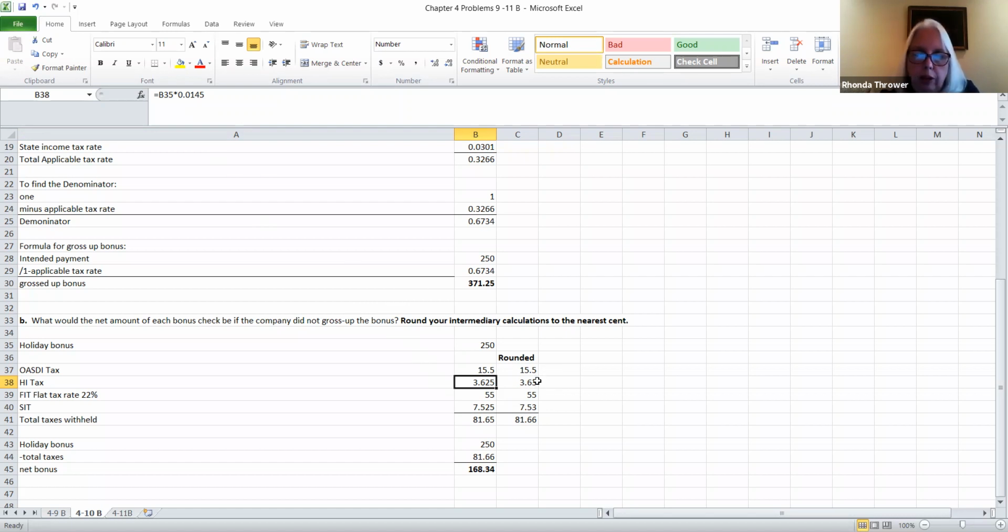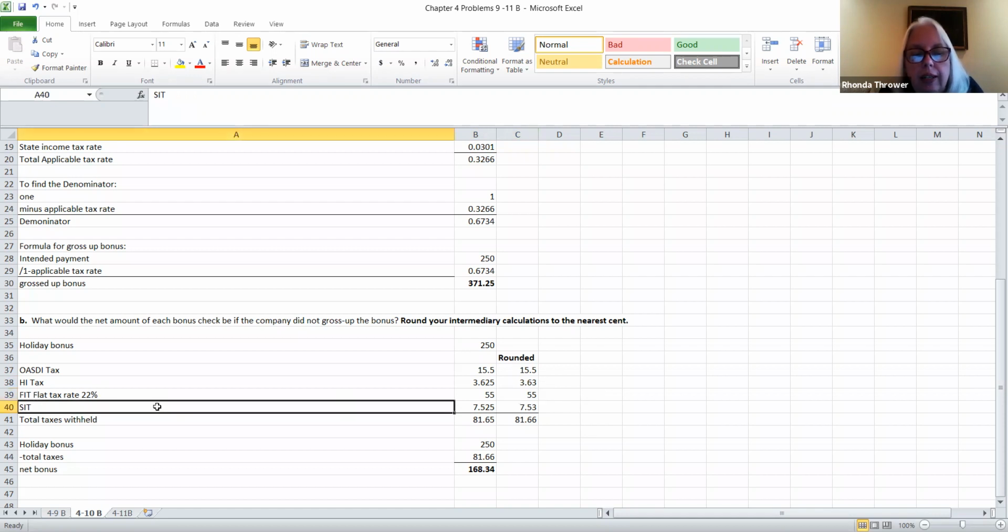So I just put the rounded amounts in the column out here to the side, so it'll make it easier to calculate them all when we have to. The federal income tax is a flat rate of 22% on bonuses. So 22% of $250 is $55 even. There's no rounding with that one, but I just put it over there with the rounded amounts.